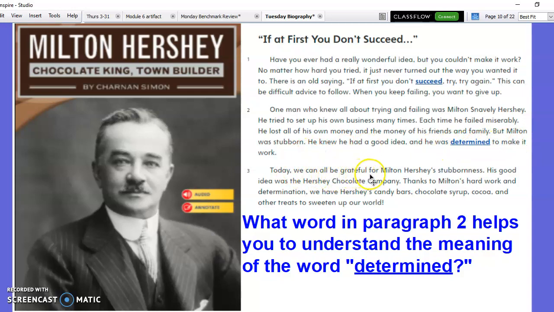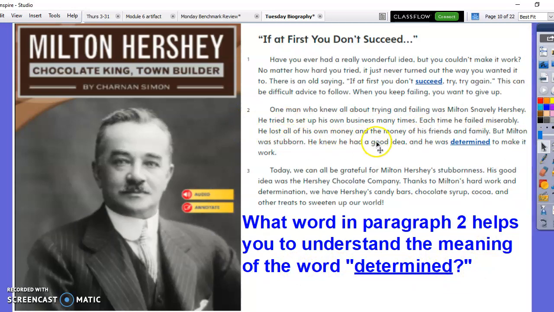Today, we can all be grateful for Milton Hershey's stubbornness. His good idea was the Hershey's Chocolate Company. Thanks to Milton's hard work and determination, we have Hershey's candy bars, chocolate syrup, cocoa, and other treats to sweeten up our world. What word in paragraph 2 helps you to understand the meaning of the word determined?